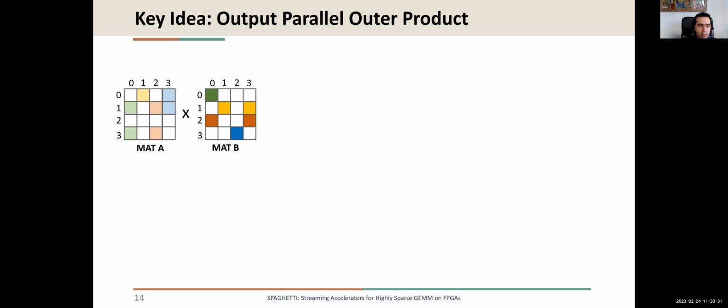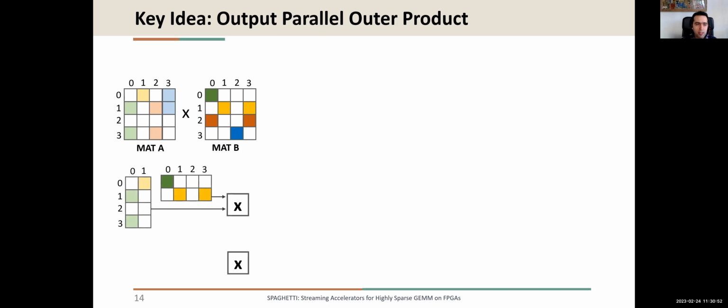Let's look at this example. Let's say I have, again, two matrices, 4 by 4. They're both sparse. Just for the sake of simplicity, I have two multipliers in my hardware. I can afford having only two multipliers. So in that case, I need to split the pairs of columns and rows into two groups, right? Because I have two multipliers.